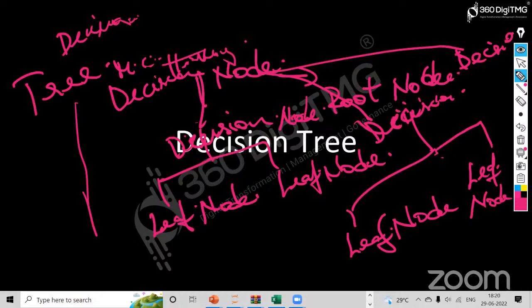So what are we supposed to be looking at? We have the root node.